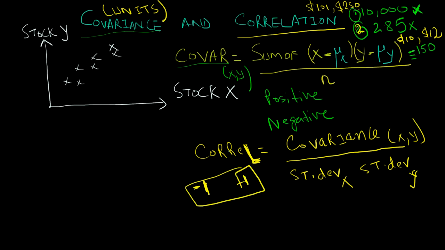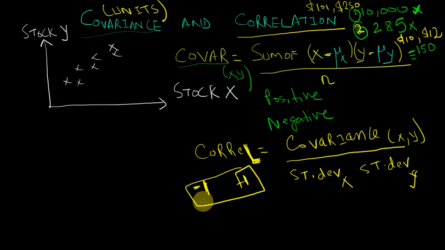So if the correlation is closer to +1, that means both variables have a very strong positive linear relationship. In other words, if x increases, y also will increase, and the proportion of increase will be very close if it's closer to +1.